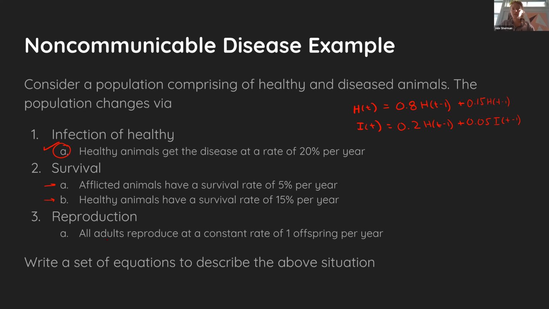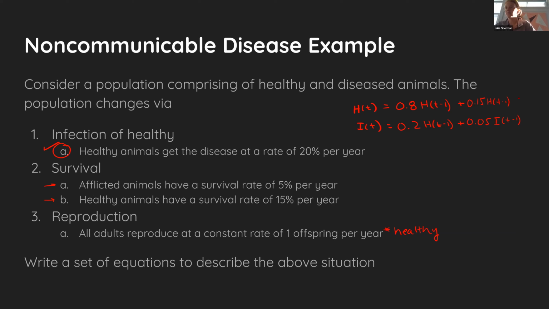Finally, the reproduction. Like we said, we assume reproduction happens before death, kind of arbitrarily, and they all reproduce at a constant rate of 1 offspring per year. And we're assuming, I guess I should have written, it's a healthy offspring.